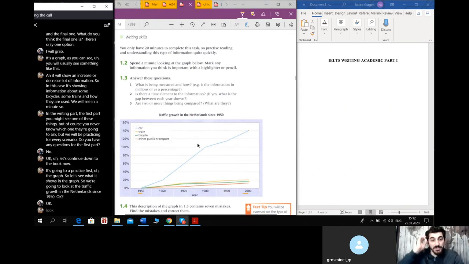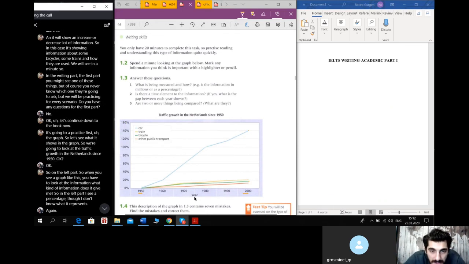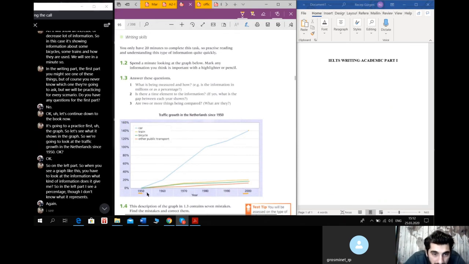What kind of information does it give me? So in the left part, I see a percentage, though I don't know what it represents. And here I see the years, and I see that the years are in 10 years. This information is quite useful because I am going to be using this in my writing. And the percentage is up to 160%.